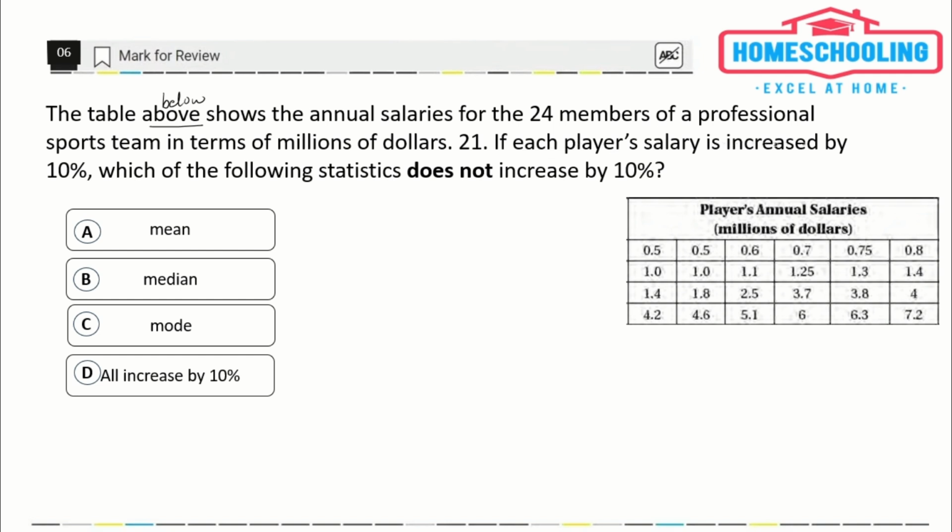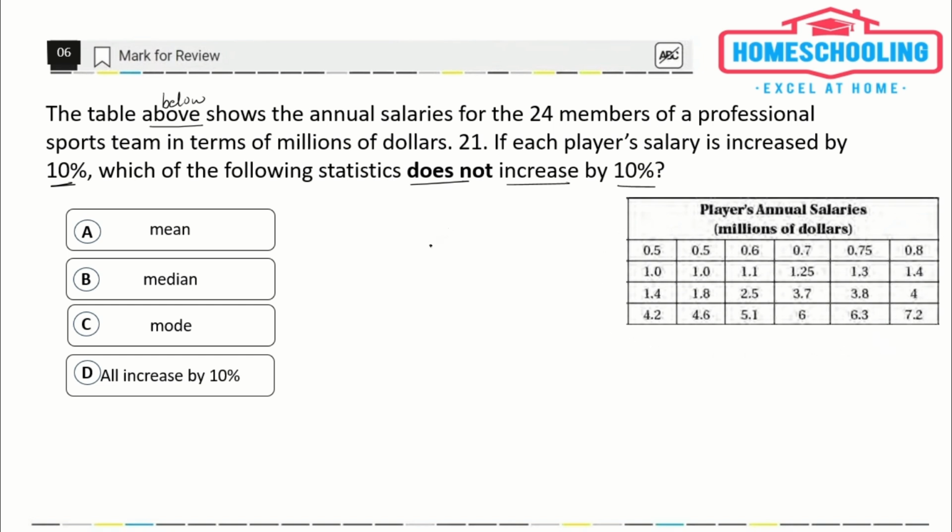If each player's salary is increased by 10%, which of the following statistics does not increase by 10%? So this is our data set here, where we have 24 players, and this is salary $0.5 million, and it goes up to $7.2 million. The highest salary is $7.2 million.